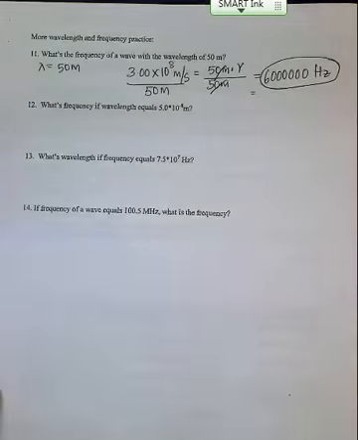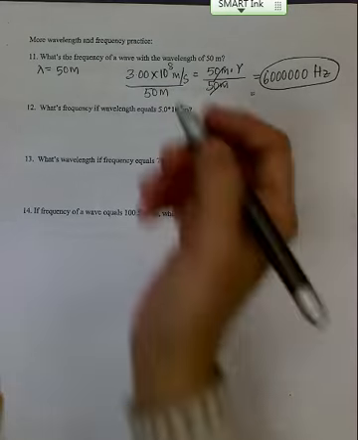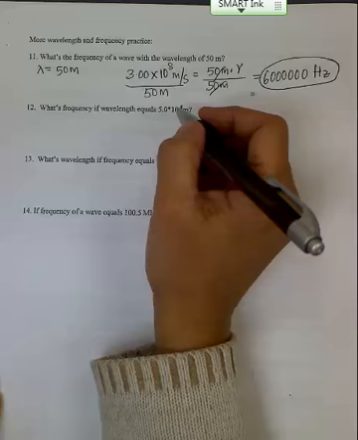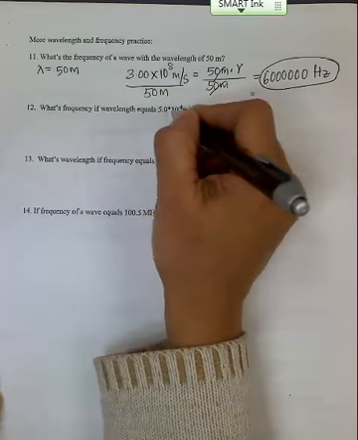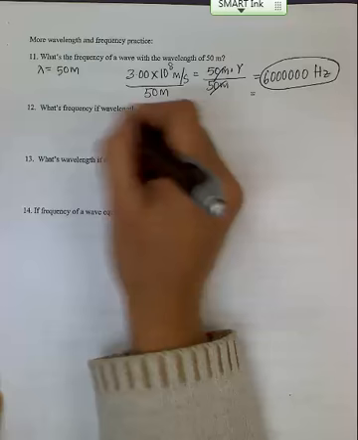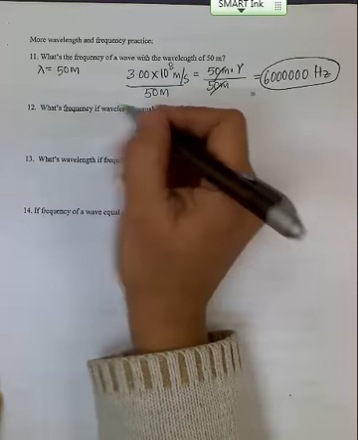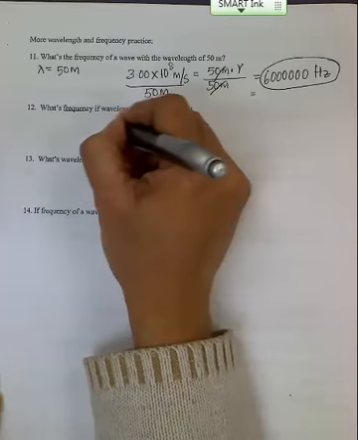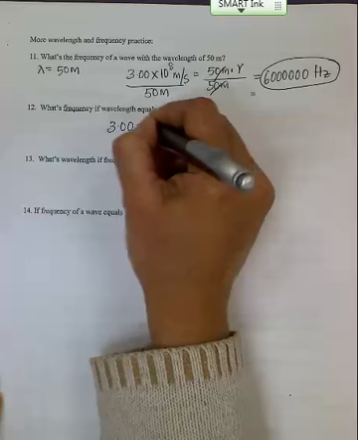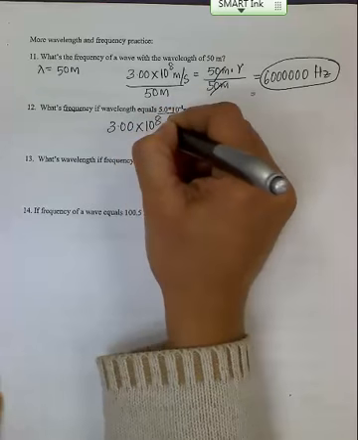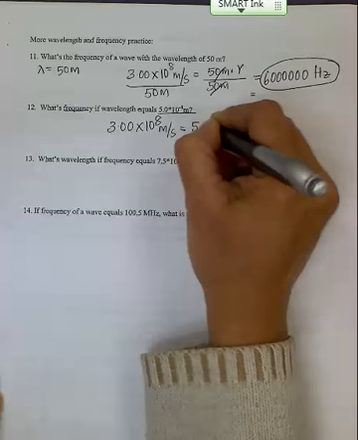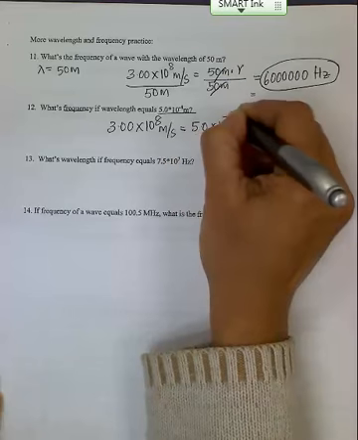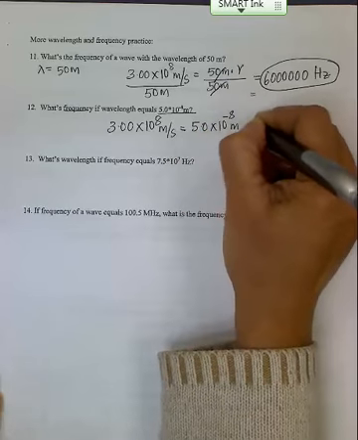Now, moving on to the next problem. Here the wavelength is given, and it's again in meters, and it's an easy problem because you don't have to do any conversions. You're asked for frequency: 3.00 times 10 to the 8 meters per second equals 5.0 times 10 to the negative 8 meters times your frequency.